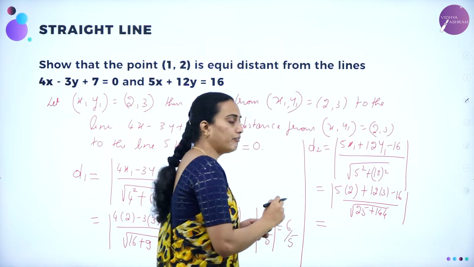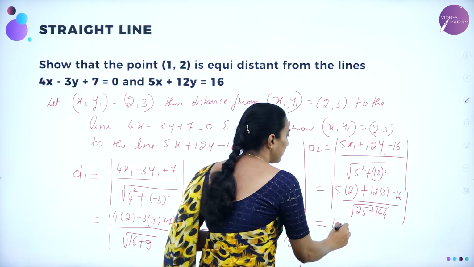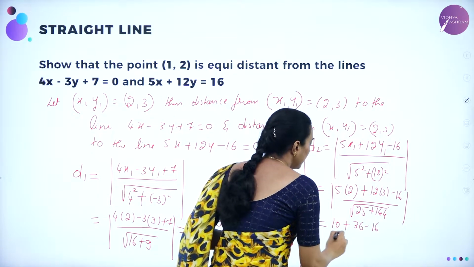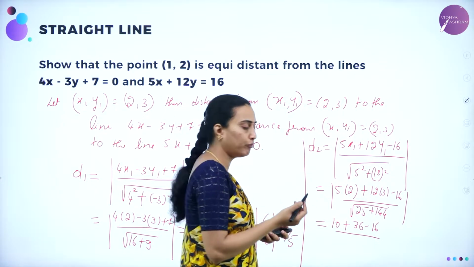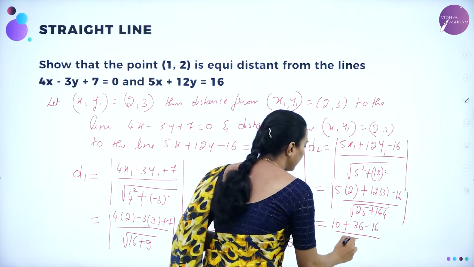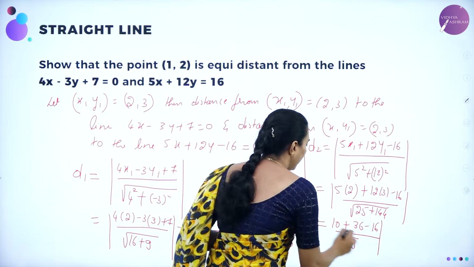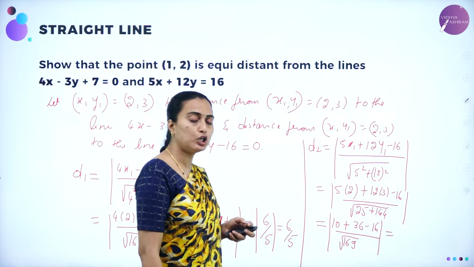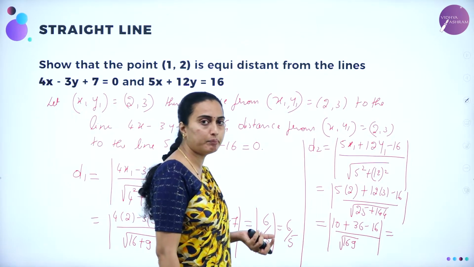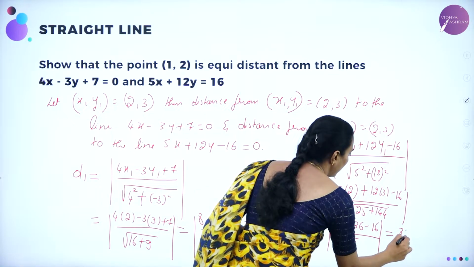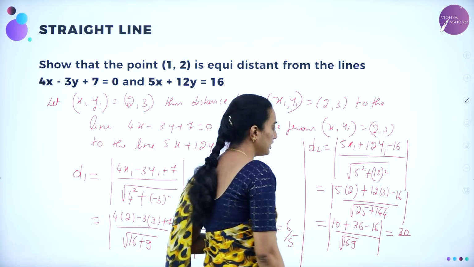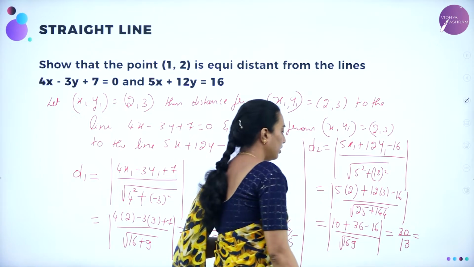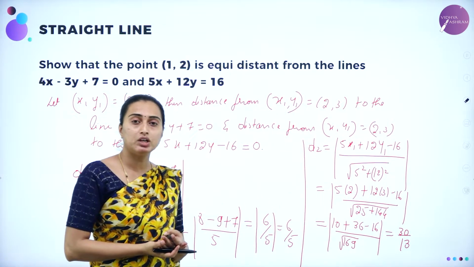After evaluating, 5 2s are 10 plus 12 3s are 36 minus 16 divided by square root of 169, which is 13. 36 minus 16 is 20, 20 plus 10 is 30, so 30 divided by 13. So d2 is equal to 30 divided by 13.